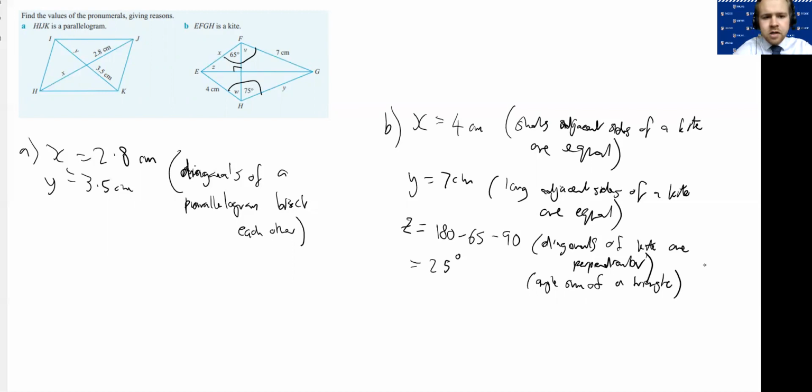So what's going to happen here is that I know that W is going to be 65 and V is going to be 75 because that's the component of the angle that it's opposite. And my reason is opposite obtuse angles of a kite are equal.